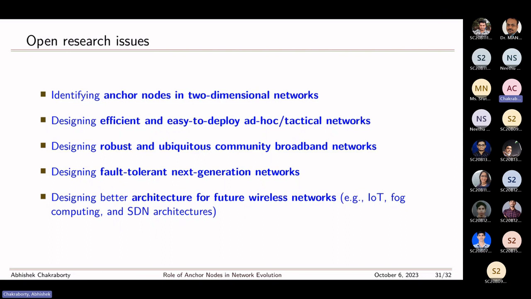If it is a fixed allocation, maybe we can incur that much cost. But if it is real world and instant, for example a military communication network or disaster response network, you need to identify the nodes very fast, maybe in minutes. Then what will you do? That will be a very challenging question that can be answered by identifying these anchor nodes.